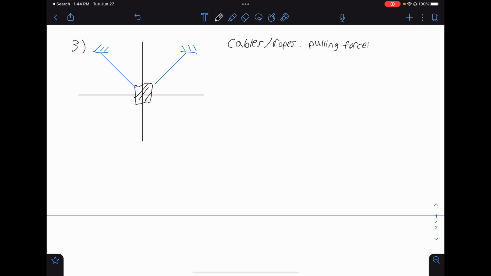Pulling forces, tensile forces, these all mean the same thing. We're just saying the rope is in tension. So in our free body diagram, this force would be going this way, towards the ceiling.